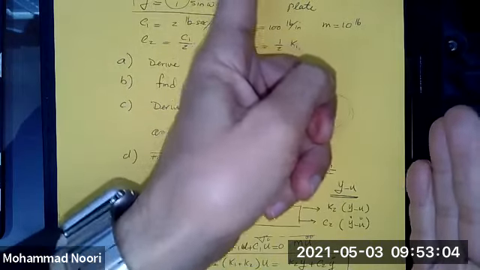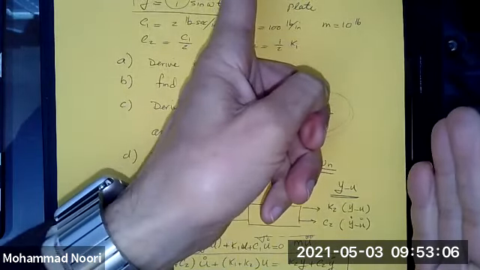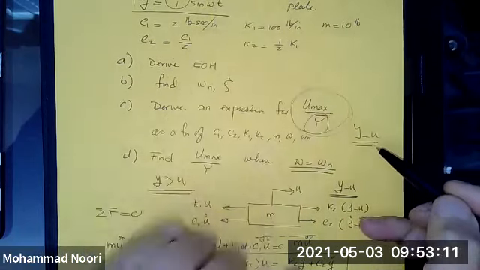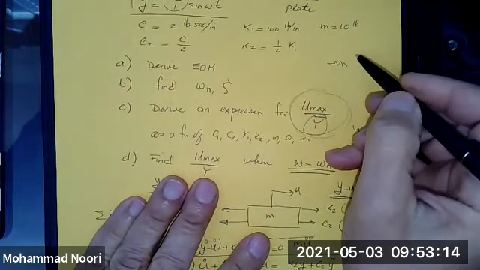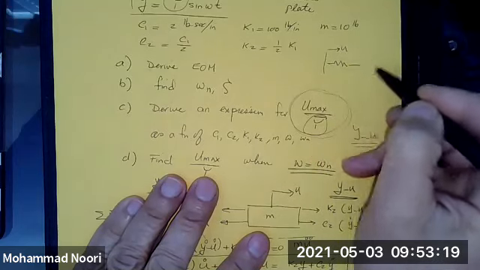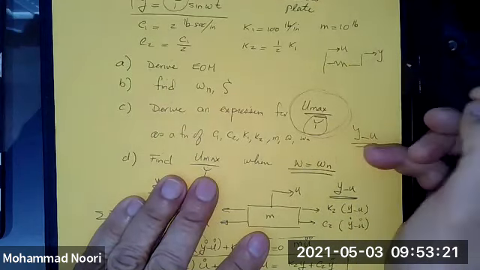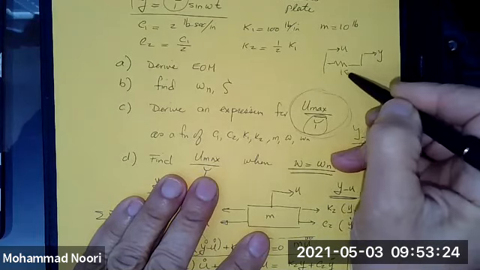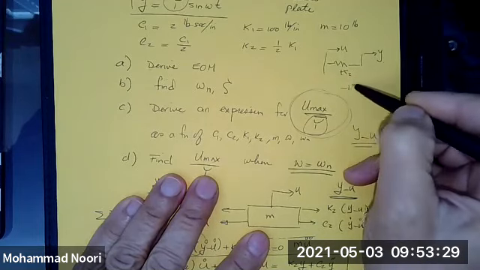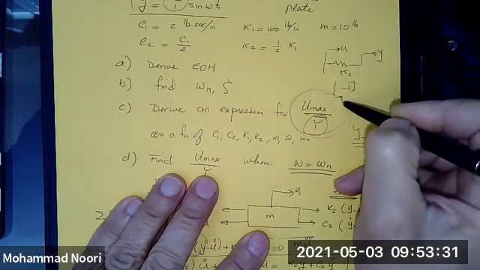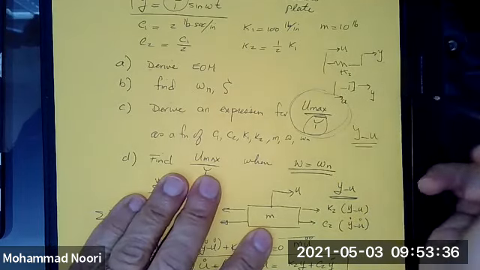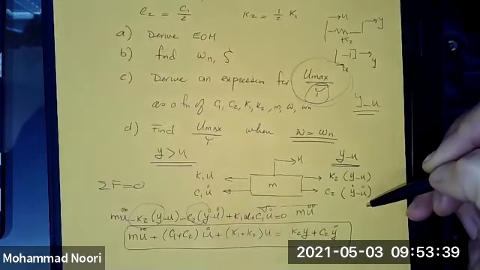So what displacement does K2 experience? The difference of y and u. Think about this spring: this end is moving u, this end is moving y, so K2 experiences y minus u. Same thing with that damper. This end is subject to displacement u, this end to displacement y, so the relative displacement is y minus u. Any other questions?